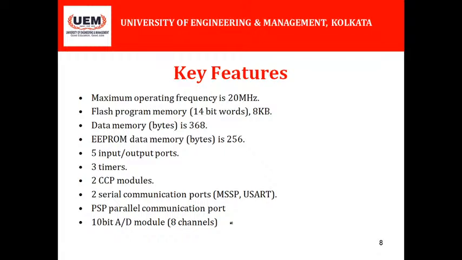That means 8 KB different locations are there, and each location is capable of storing 14 bits of binary data or words. I repeat, the flash program memory holds 8 KB different slots, and each slot is capable of storing 14 bits of different words.